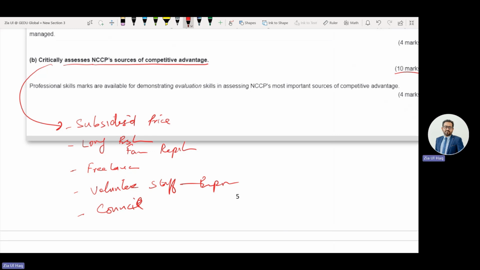Through that, the company will be able to retain their donors and maintain their sources of funds. If those sources of funds are maintained, the company will be able to manage their operations and adopt proper strategies to capture more and more participants. These 5 points we can discuss.